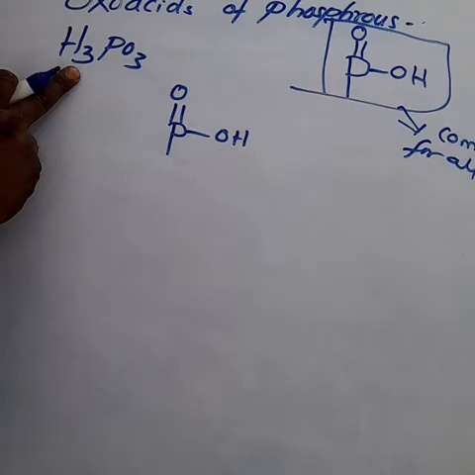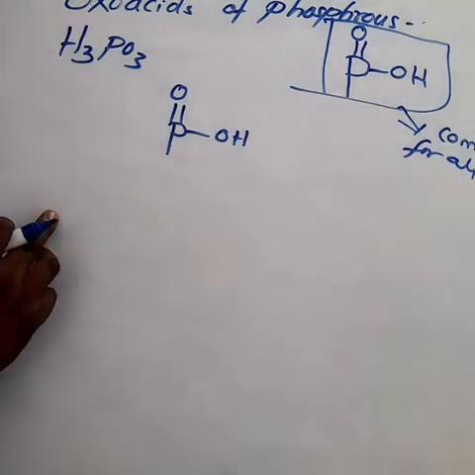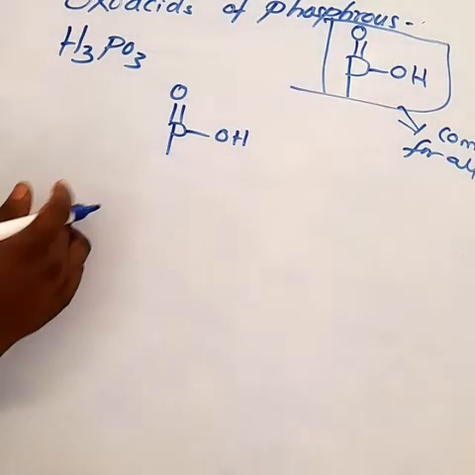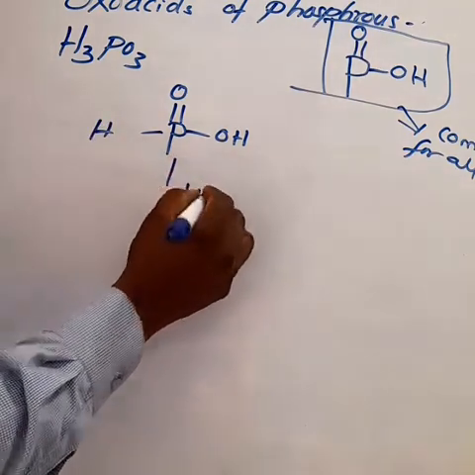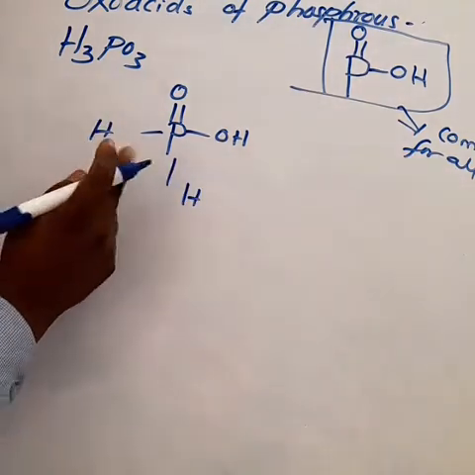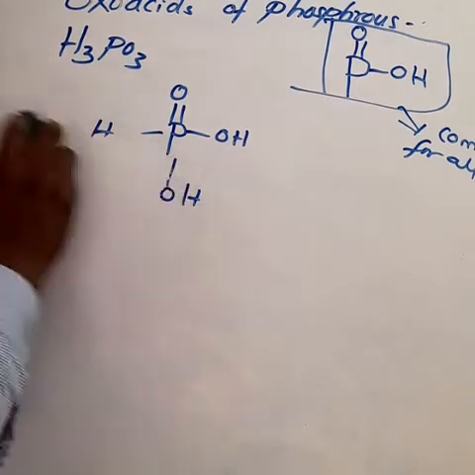Out of this, P double bond O, OH is used. What's remaining? 2 hydrogen. Out of 3 oxygen, 2 are used. Then 1 more, so one side OH, one side having 1 H. Now the structure is done.